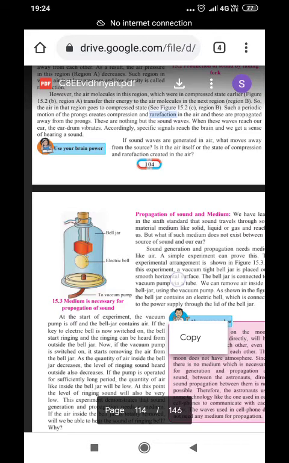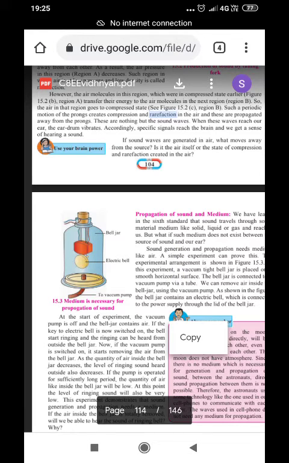See figure 15.2c region B. Such a periodic motion of the prong creates compression and rarefaction in the air, and these are propagated away from the prongs. These are nothing but the sound waves. When these waves reach our ear, the eardrum vibrates. Accordingly, specific signals reach the brain and we get the sense of hearing a sound.